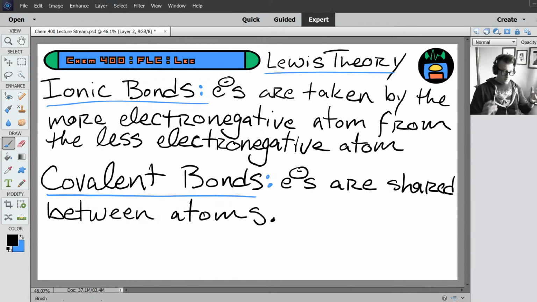What determines whether your bond ends up being covalent versus ionic is electronegativity. Specifically, it is the difference in electronegativity between two atoms that will determine if one will steal from the other, forming an ionic bond, or if the electrons will be shared, forming a covalent bond.